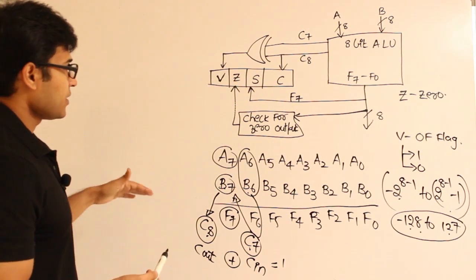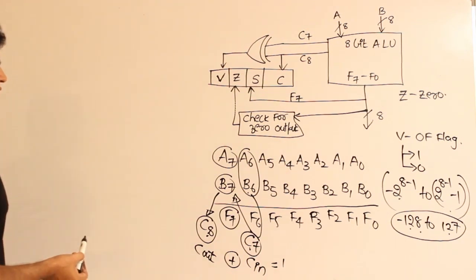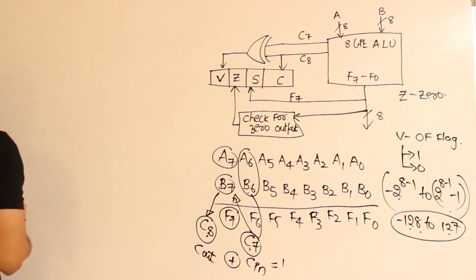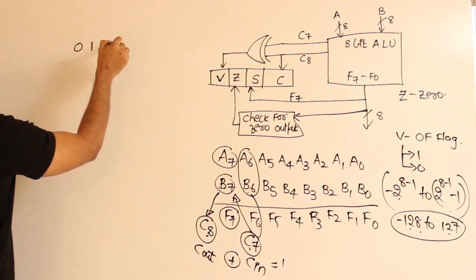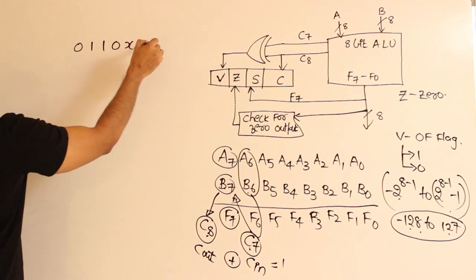Not just in comparison, even in testing instructions. Just now we have seen an instruction called test. What does test do? It is going to find out what a particular bit is. Let us say we have 8 bits like this: 0, 1, 1, 0, a bit X, and 1, 1, 1.